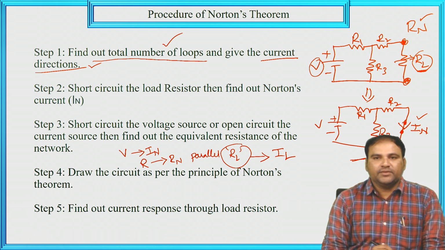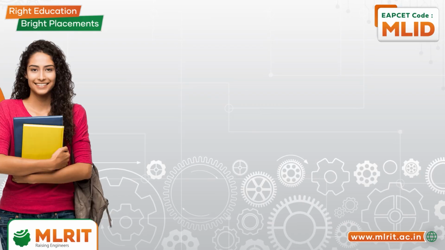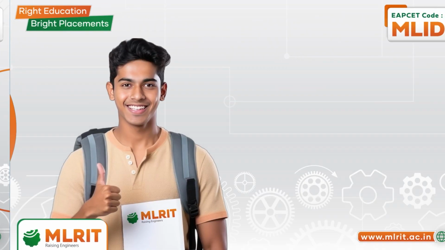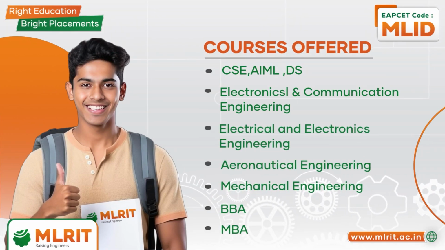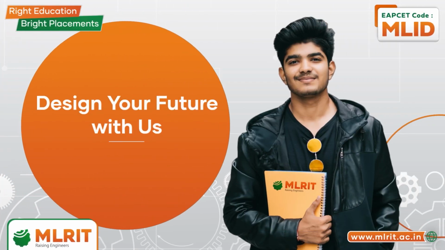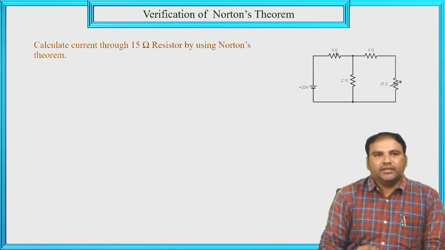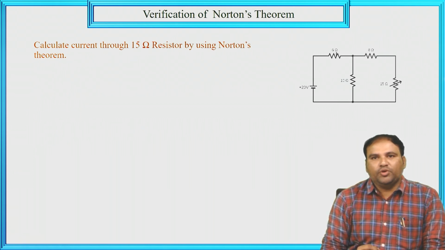Okay, so here we'll solve one circuit. So here is the question. Calculate the current through the 15 ohm load resistor by using Norton's theorem.